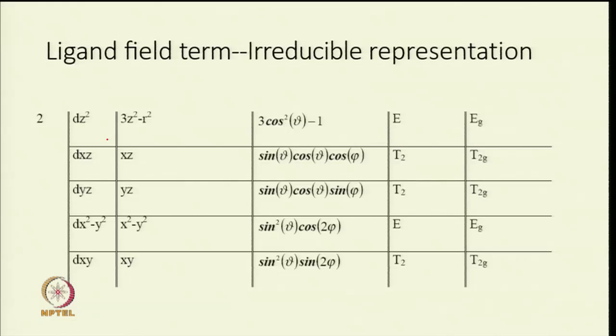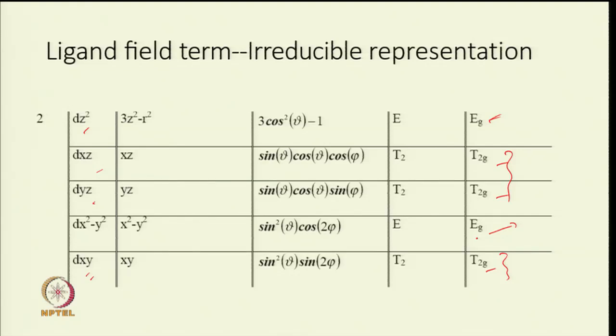For dz square, Eg, dxz, T2g, dyz, T2g, dxy, T2g. So, these three are degenerate, and so they have been given the T2g name, whereas dz square and dx square minus y square are doubly degenerate, and they have been given the name Eg.